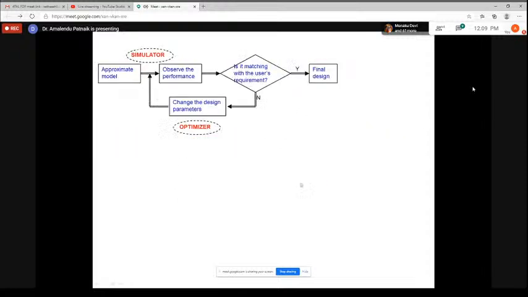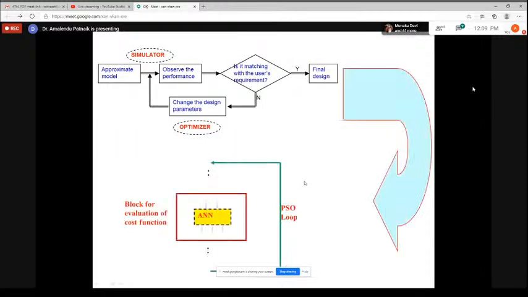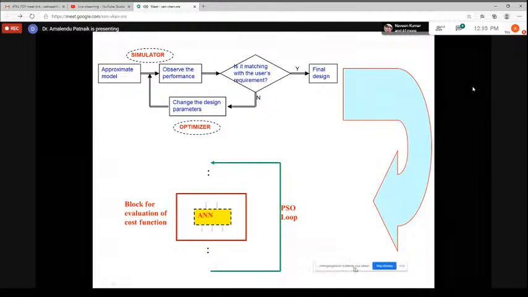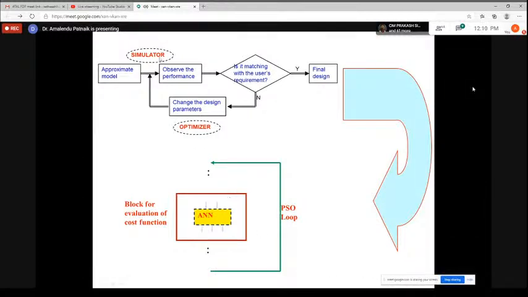So this conventional design approach can now be replaced by this particular approach. What is that approach? The role of the simulator can be replaced by a suitably trained artificial neural network.